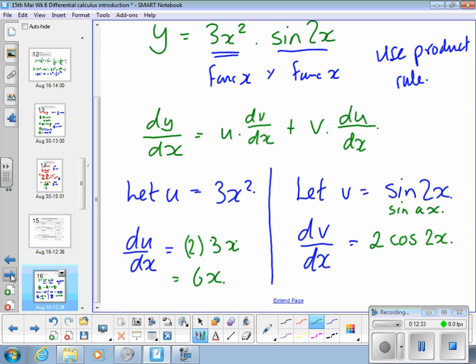That we need from the formula. So we've got dv by dx.